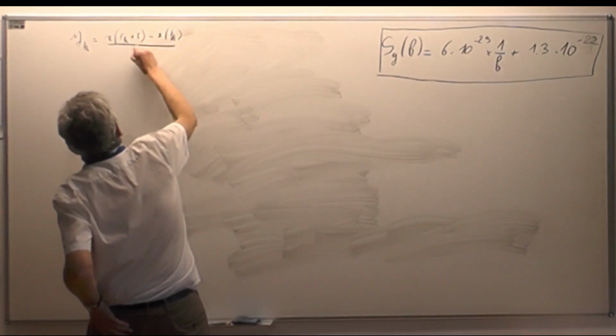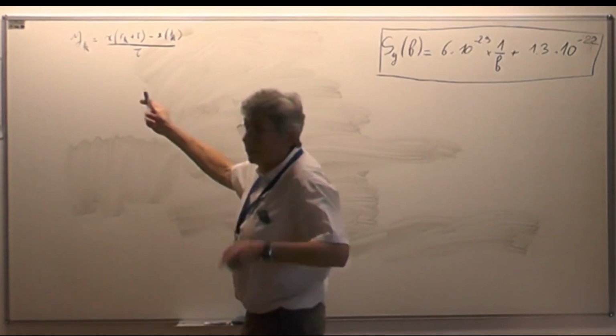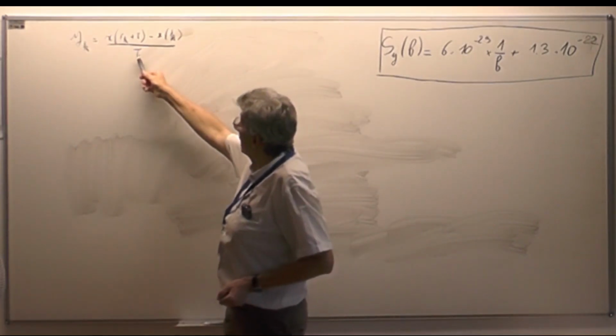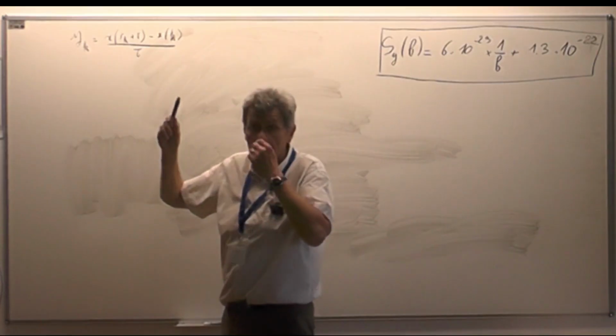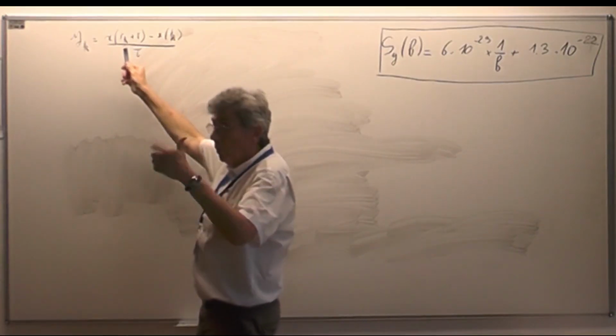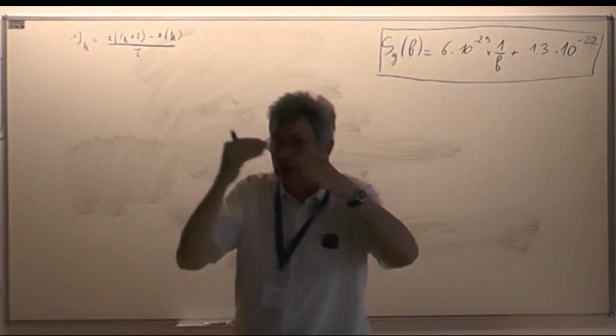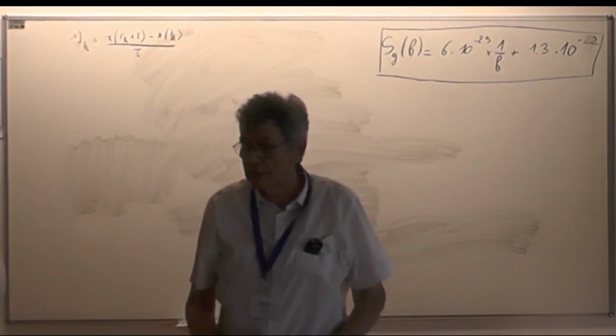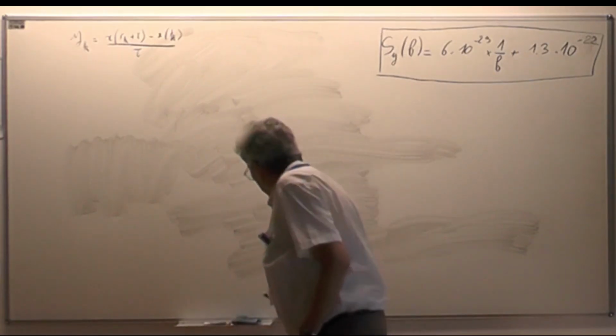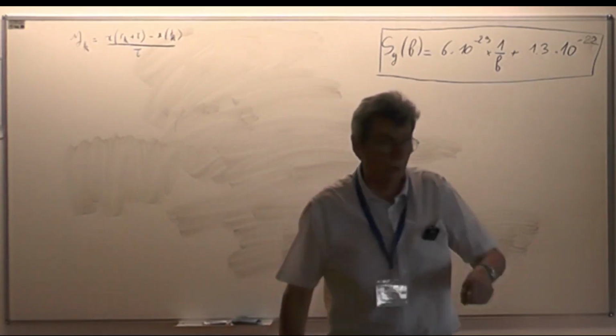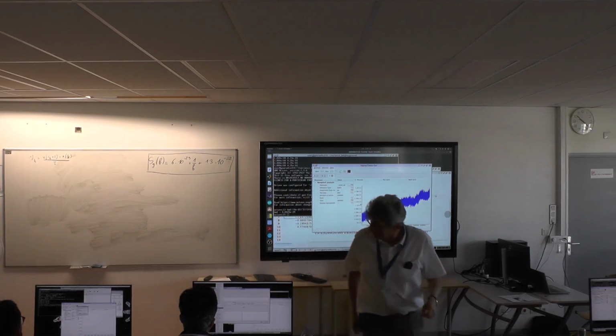divided by tau. And in your case, what is the important value? Tau is equal to 60 seconds. So it will take all the adjacent samples, make the difference between them, and divide by 60 on all the sequence. And you will obtain what you are able to plot now. Everybody has this curve.